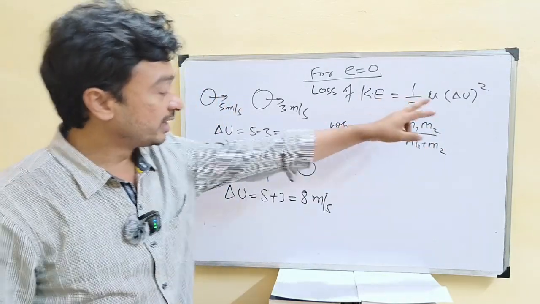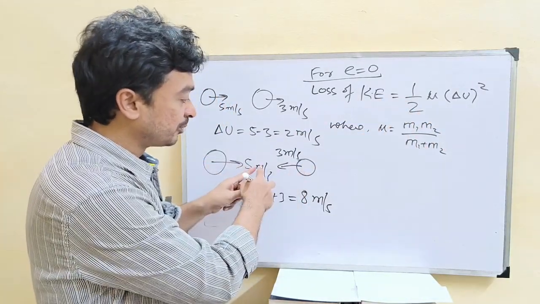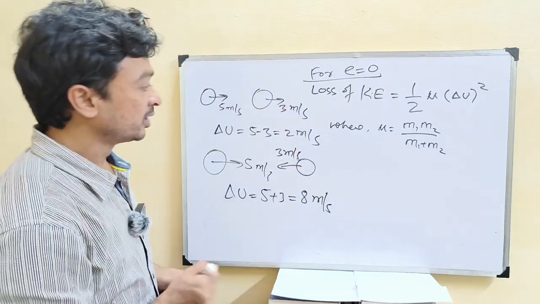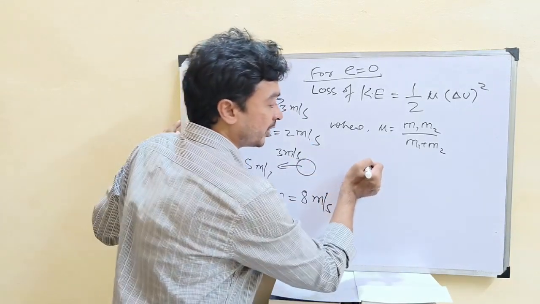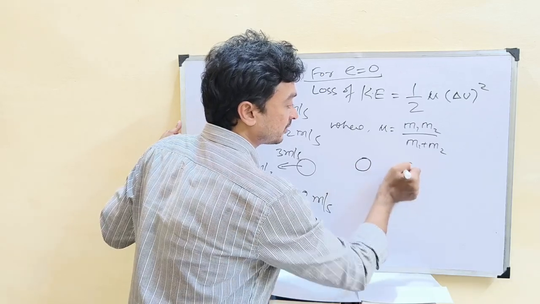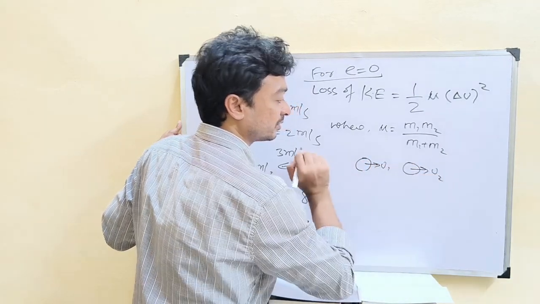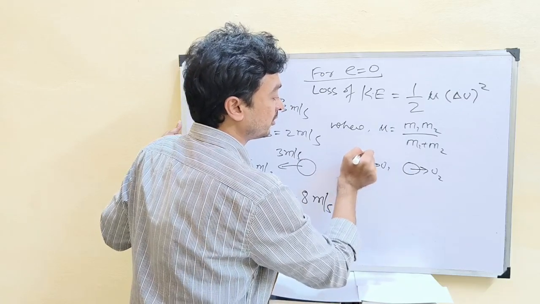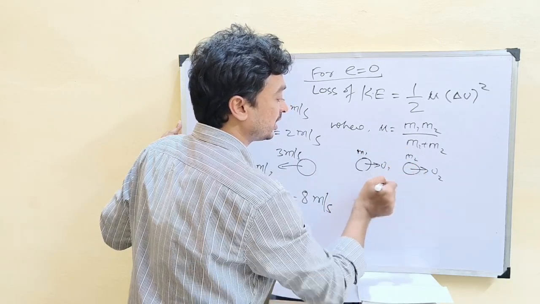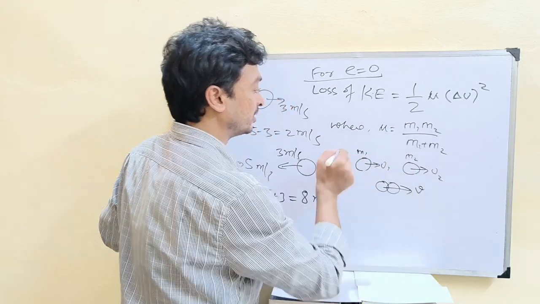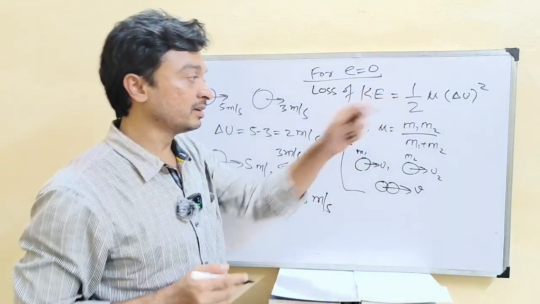So delta u can be written like this: if the objects move in opposite directions, add; in the same direction, subtract. This is the case when both particles were moving with different velocities and finally both were moving with common velocity. Then the loss is like this.